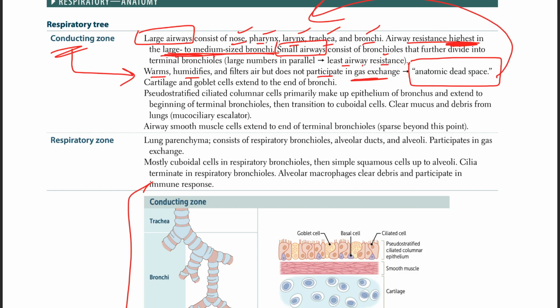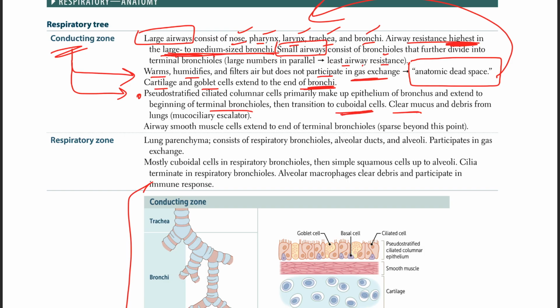These are all anatomical dead space. Now, conducting zone has cartilage and goblet cells which extend to the end of bronchi. Pseudostratified ciliated columnar epithelial cells primarily make up the epithelium of the bronchus and extend to the beginning of the terminal bronchiole, then transition to cuboidal cells.